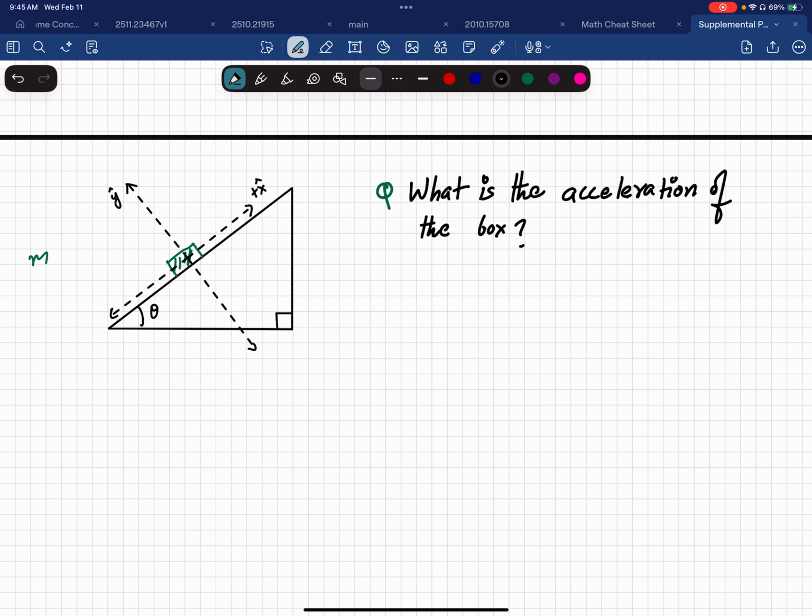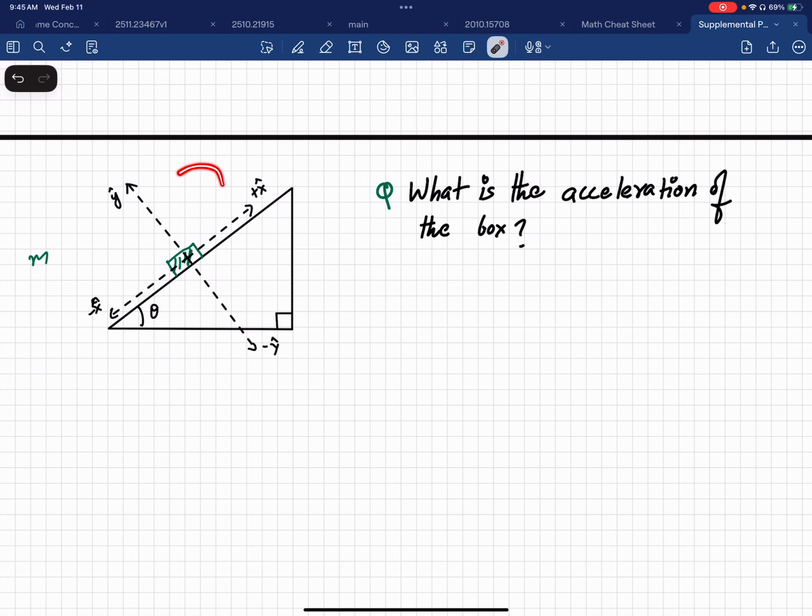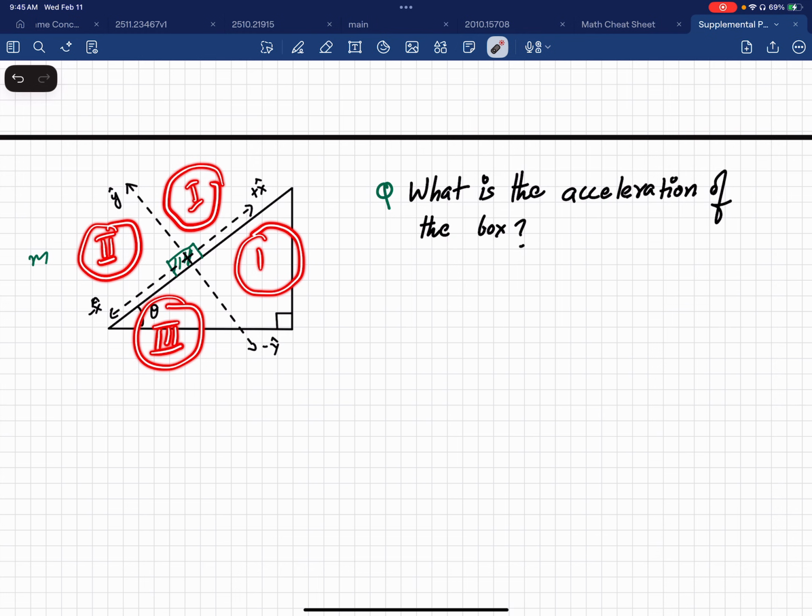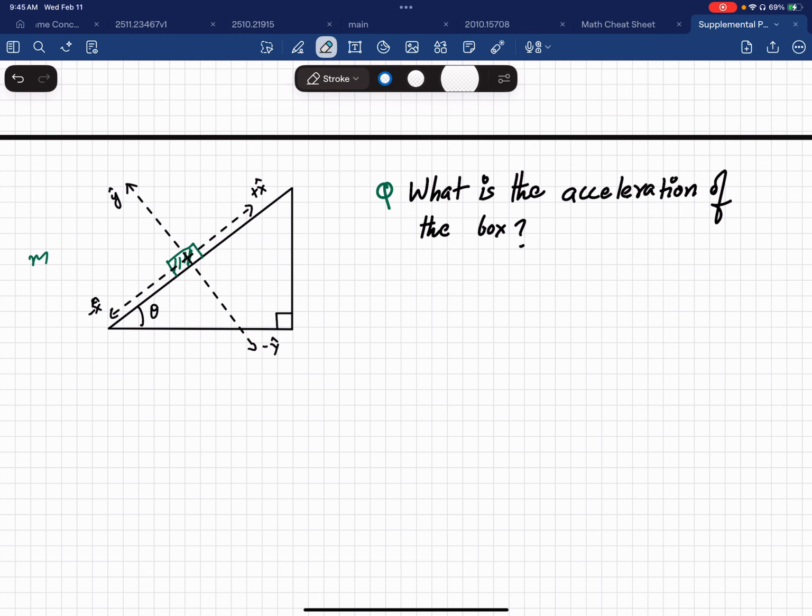Now let's try to understand, in this topsy-turvy coordinate system, what is my quadrant now? Again, this side will be the first quadrant, this side will be the second quadrant, this side will be the third quadrant, and this side will be the fourth quadrant. Okay, it's nothing but the same thing, I just tilted it.